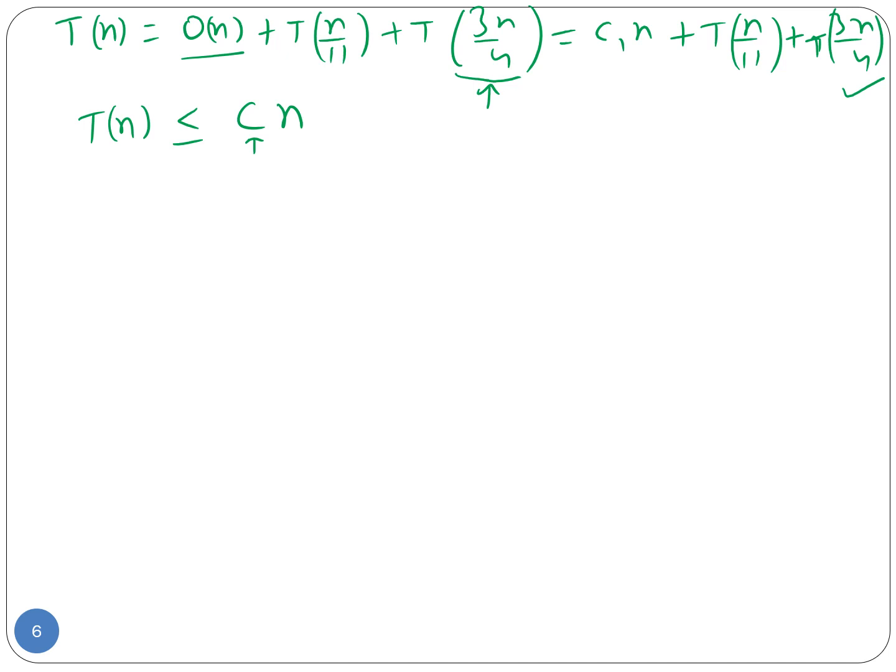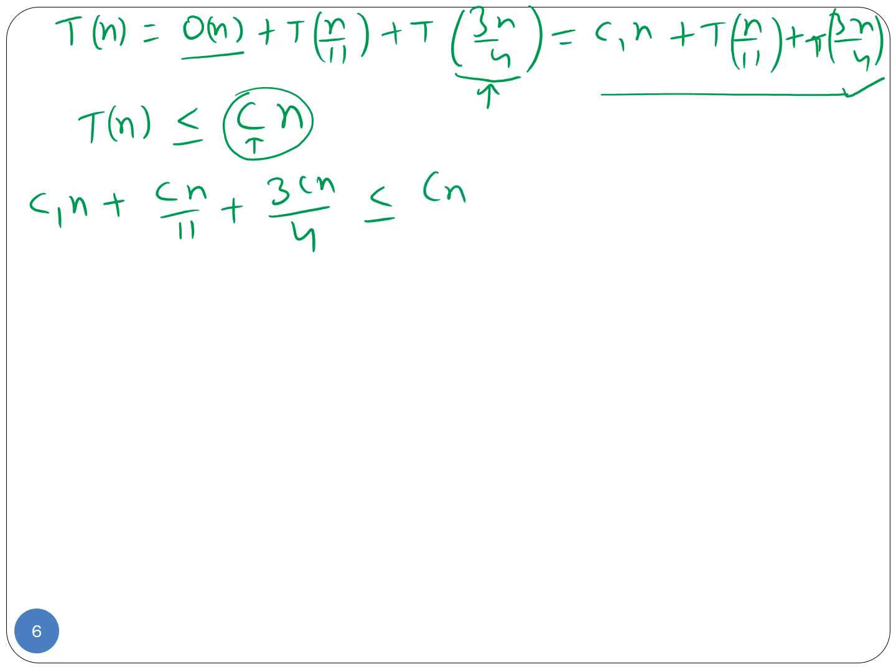Okay, so let's assume that T of n is less than or equal to Cn, and now substitute this value Cn in this recurrence over here. So we'll get C1 times n plus Cn divided by 11 plus 3 times Cn divided by 4 is less than or equal to Cn. Now we have to simplify this.